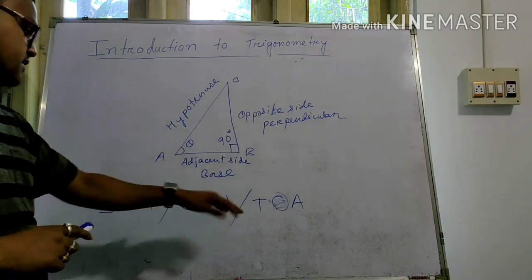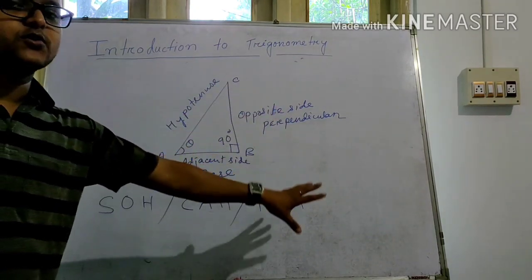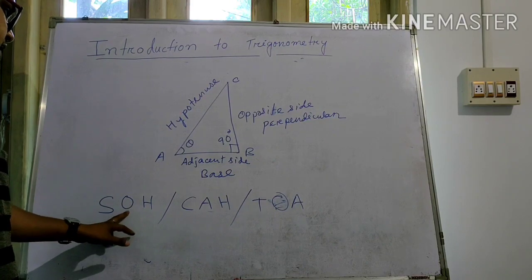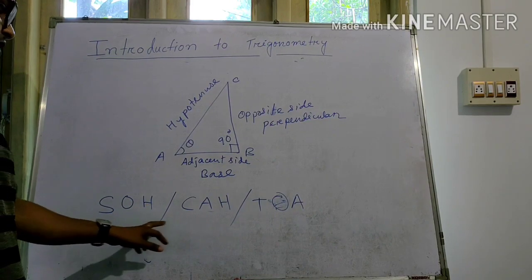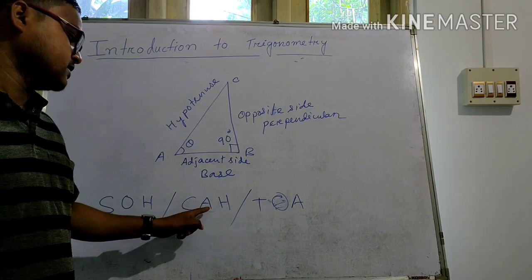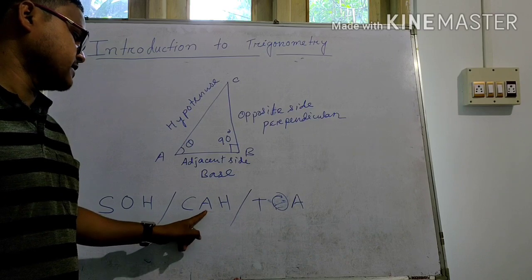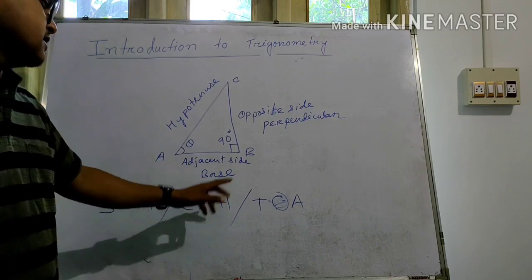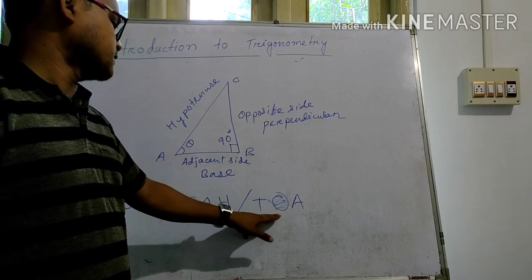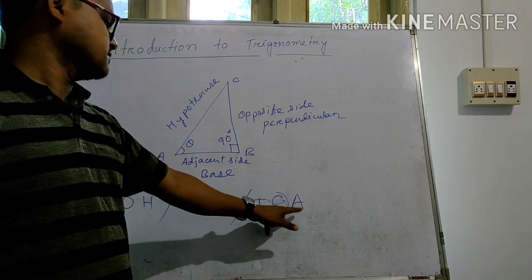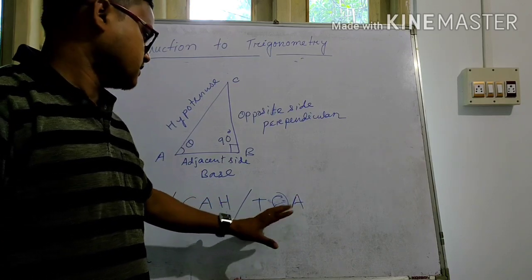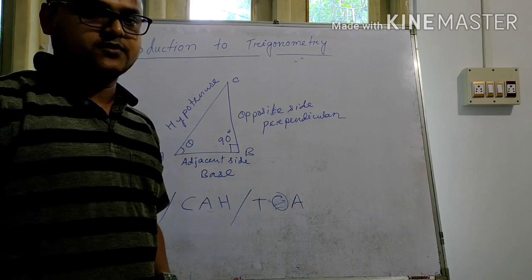So: soh, cah, toa. In this way you can remember all the trigonometric ratios. Sine is opposite side divided by hypotenuse. Cos is equal to adjacent side, that is base, by hypotenuse. Tan: opposite side divided by base, that is the adjacent side. Remember? Okay, clear?